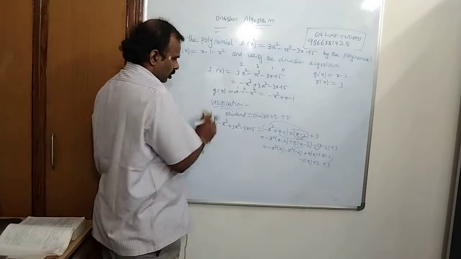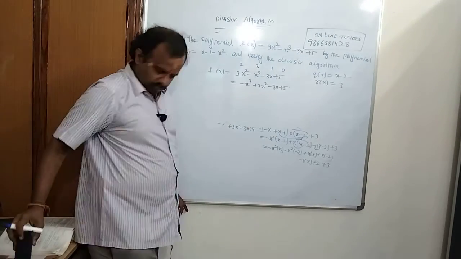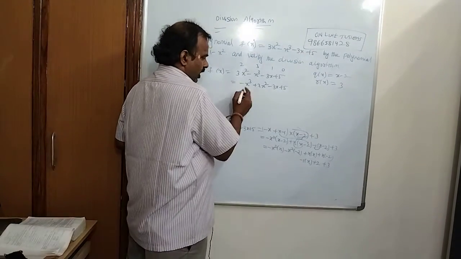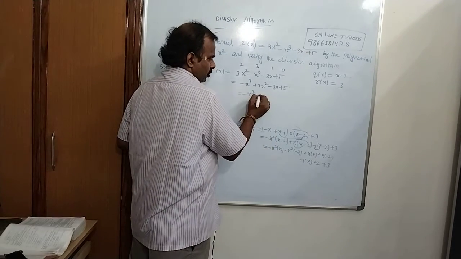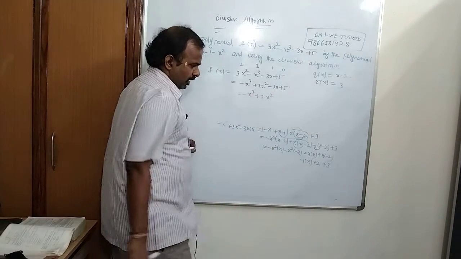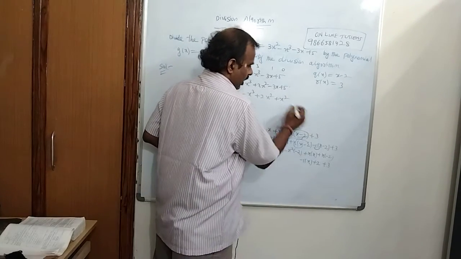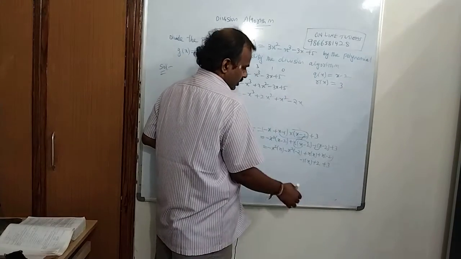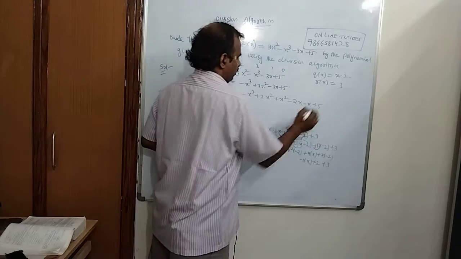Okay. So now minus x cube, minus into minus plus 2x square, plus x square, plus x into minus 2, minus 2x, minus into minus plus 2.